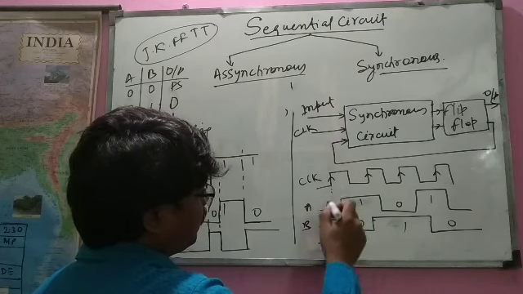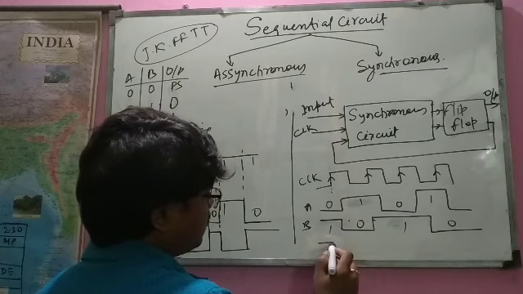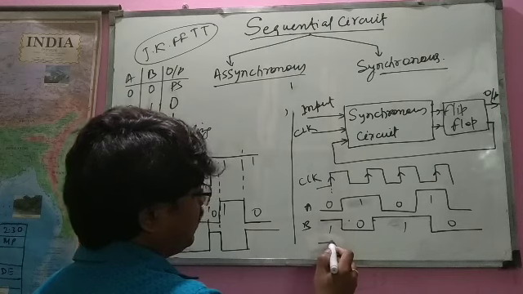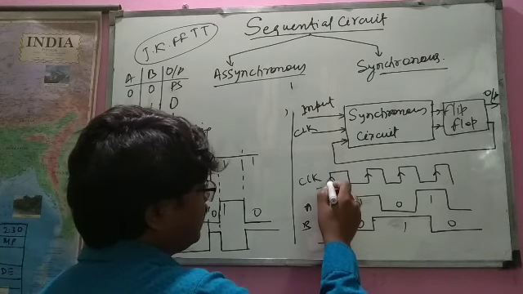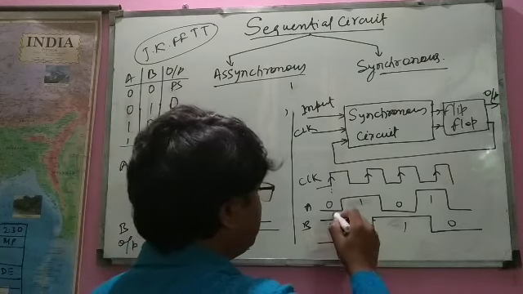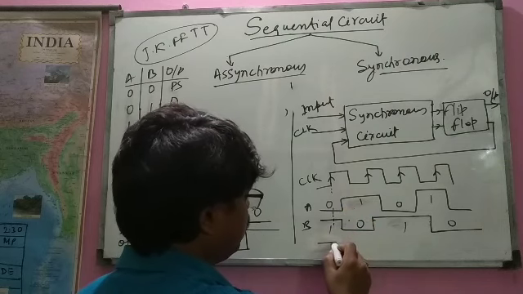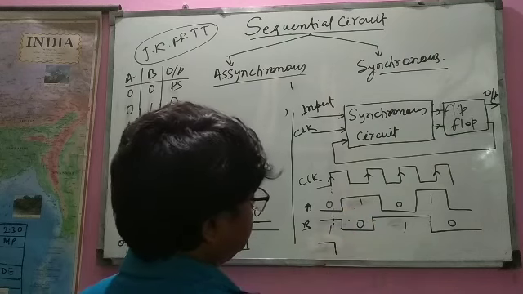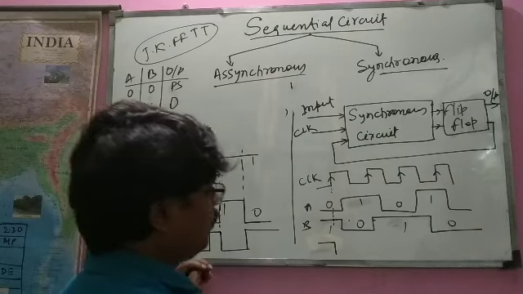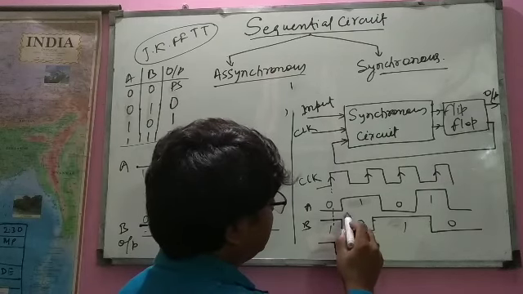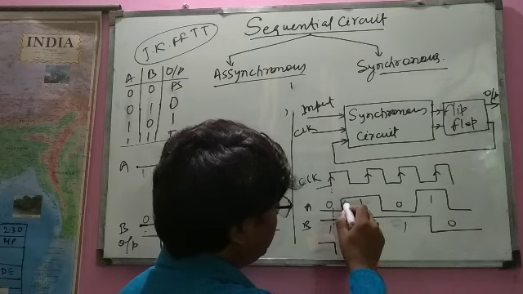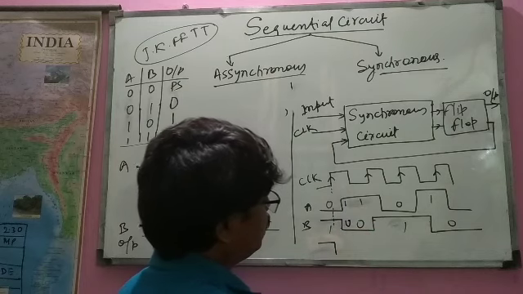Input was 1. Okay, and at this point clock has arrived. Then it will check what is the input. Okay, input is 0 1, so it will go down. So here it has now become 1 and it has become 0.